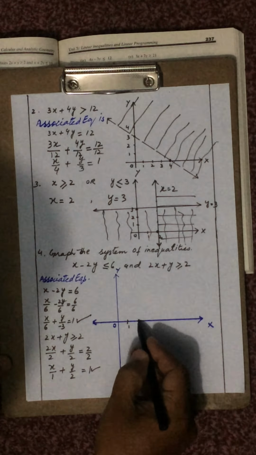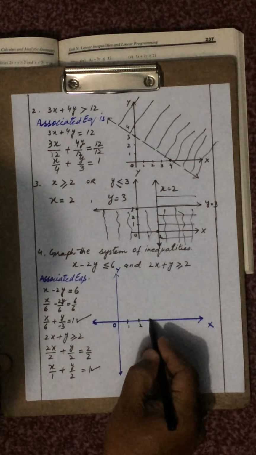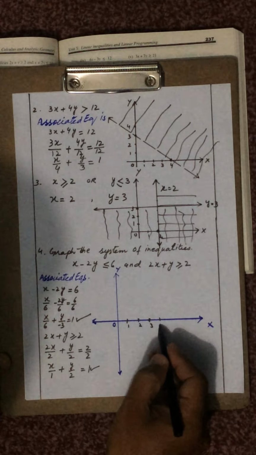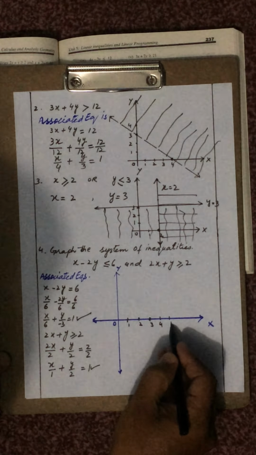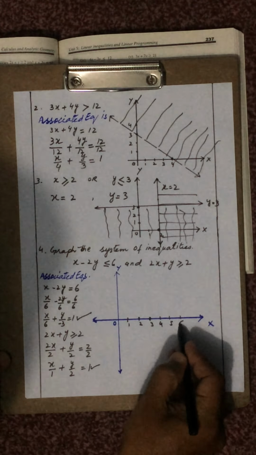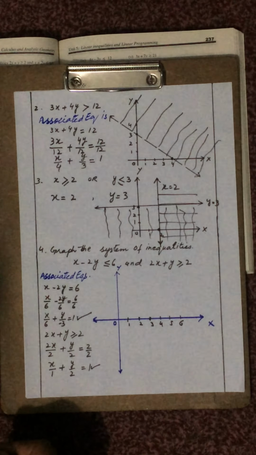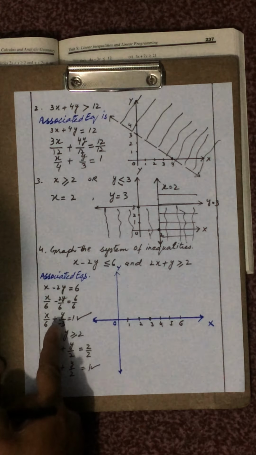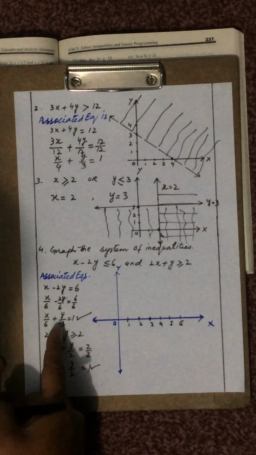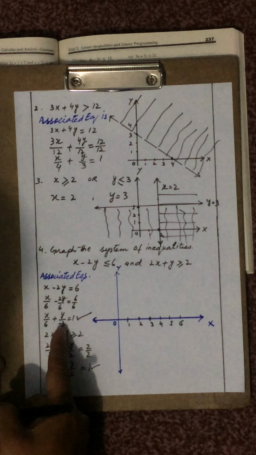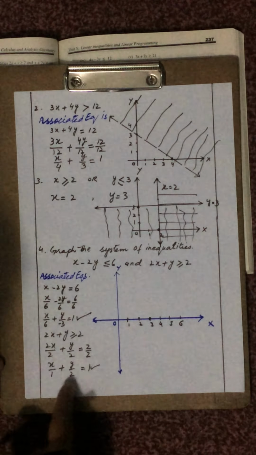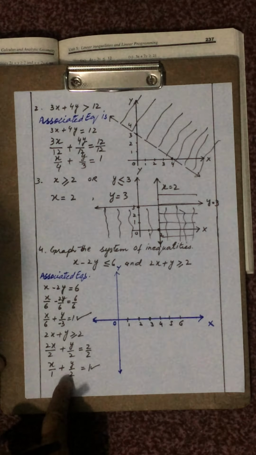1, 2, 3, 4, 5, 6. And you will see for y, there is minus 3, there is 2. So the larger value is 2.